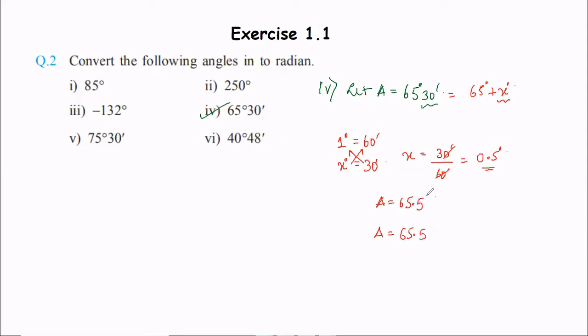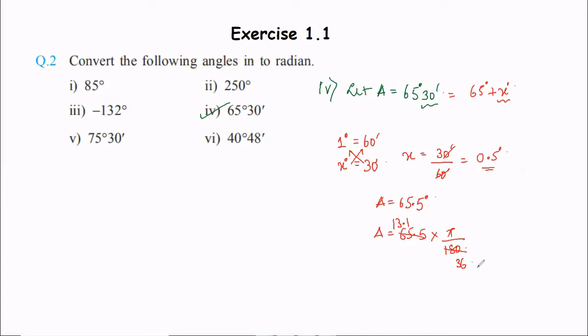Degrees into pi upon 180. So now let's start the phase of cancellation. On division by 5, this will be 13.1. What else can we do? Can we cancel it further? Well, let's see.